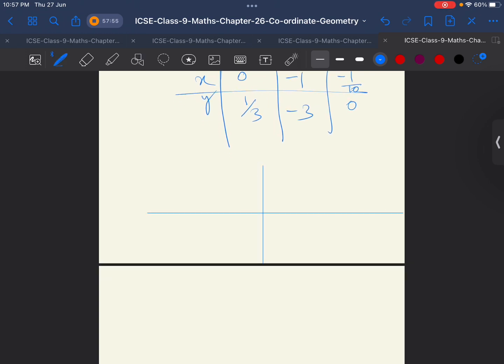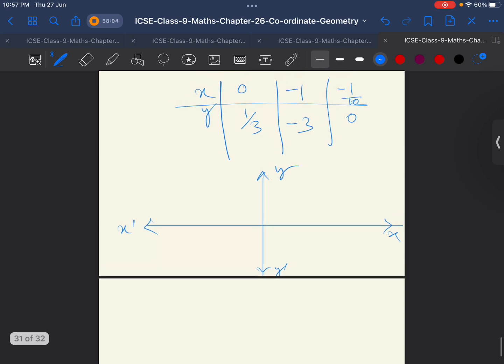So this is x and x dash, y dash. This point is (0, 1/3). We have to plot these points in the graph. Okay, so first (0, 1/3). So this point will be here.